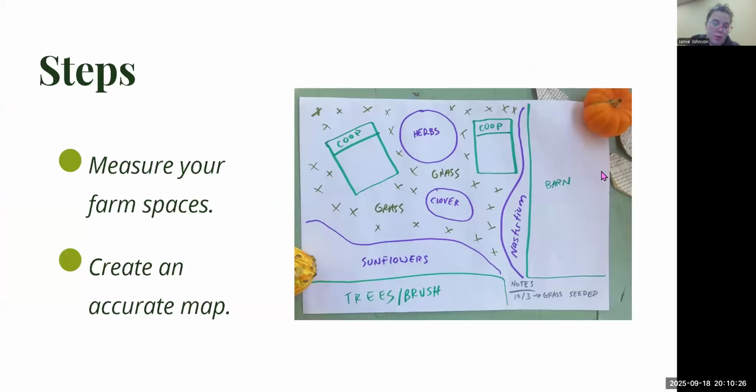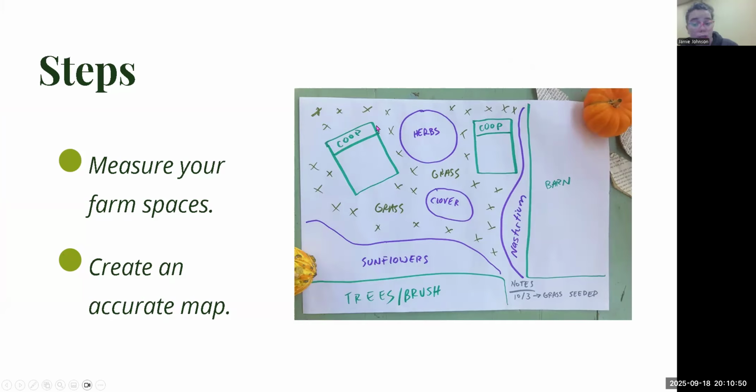So, step one, measure farm spaces. Two, create an accurate map, like this picture. It doesn't have to be super artsy, but something where you can know where things are. The only thing that I don't like about this photo is that it doesn't have measurements on it.